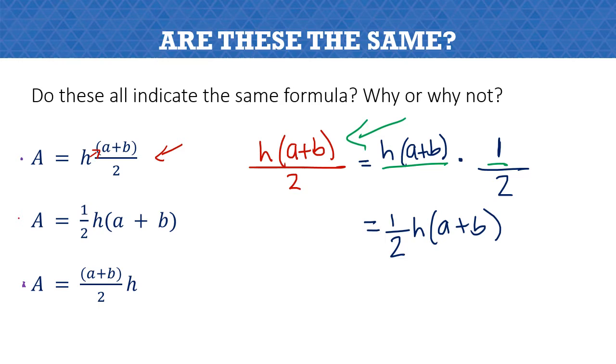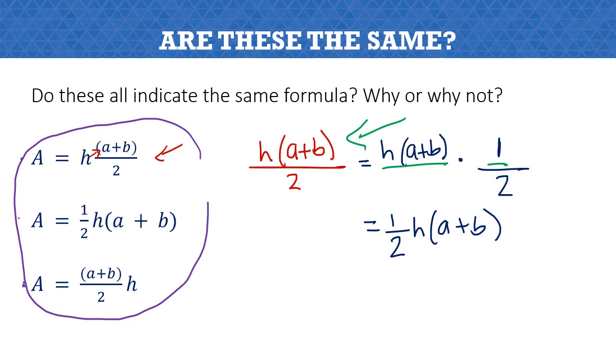So this is what I was saying in quiz question number 2, when I said the quiz wanted you to distribute first. And the reason being is because it would come out a specific looking way. Because as we just saw here, these three all mean the same thing.